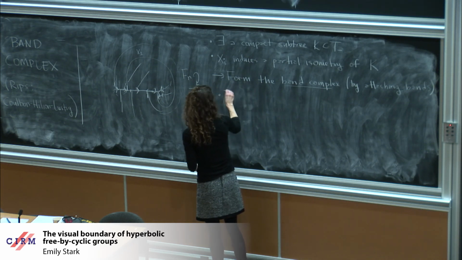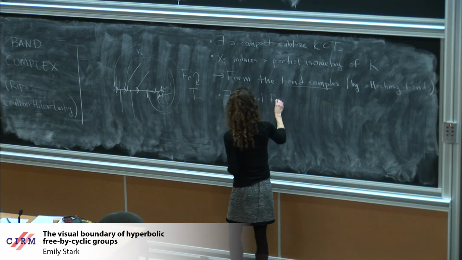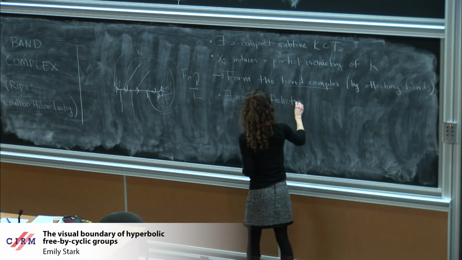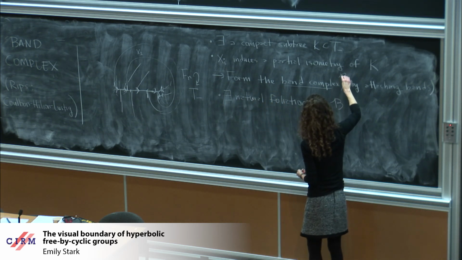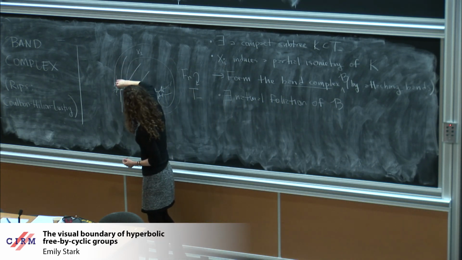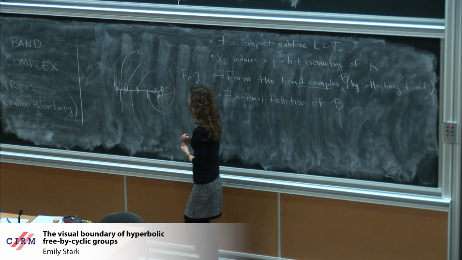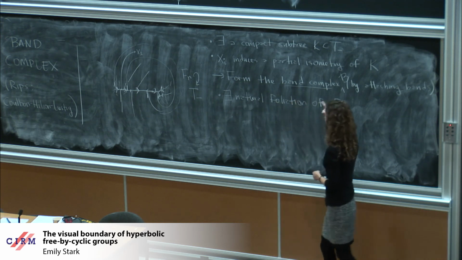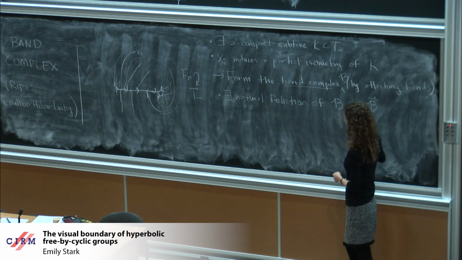In particular, there's a natural foliation of the band complex, where leaves correspond to points on the tree and their image under the bands. And the band complex has a natural foliation, and so does its universal cover.